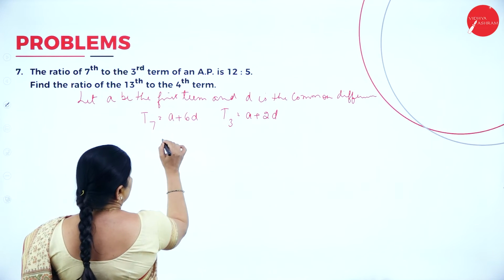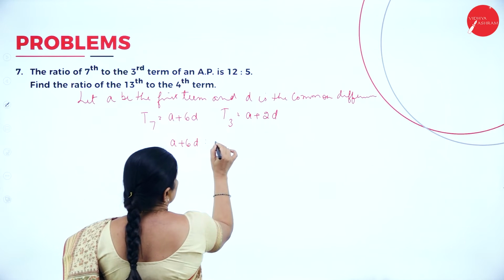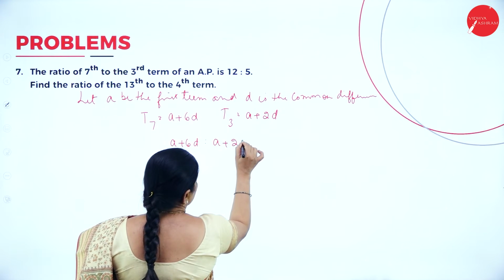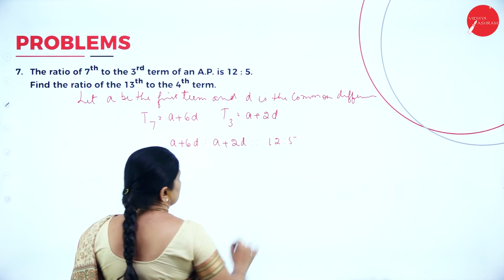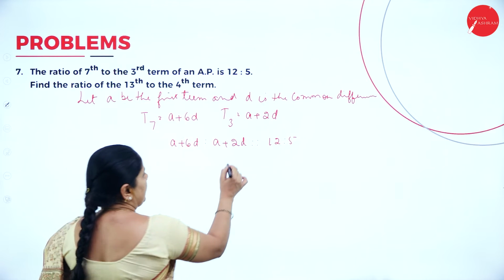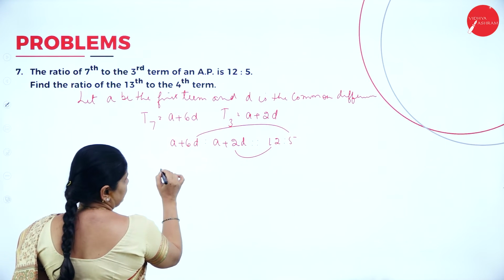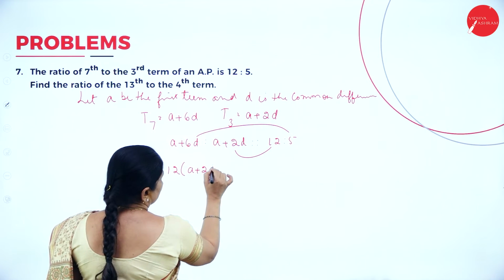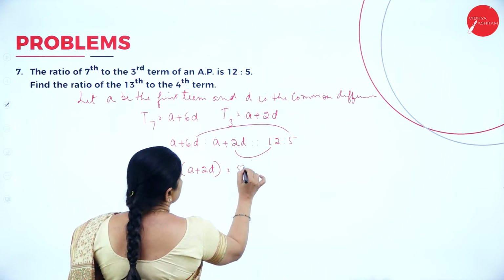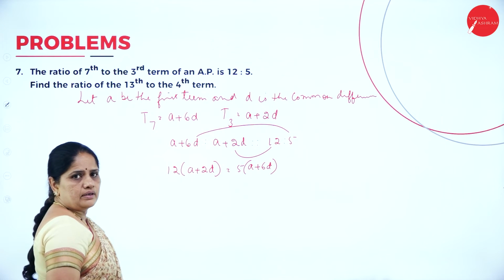So we will write A plus 6D is to A plus 2D as 12:5. Now we will multiply these two and these two terms. So 12 into (A plus 2D) equals 5 into (A plus 6D).